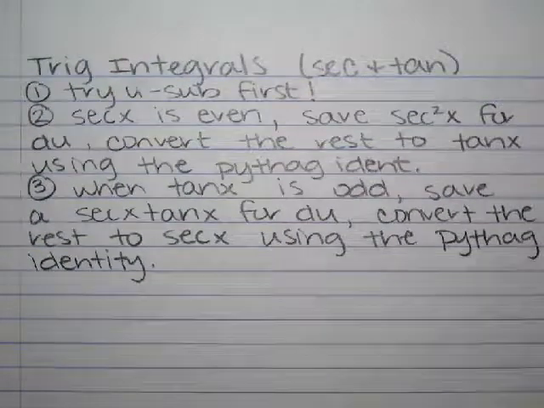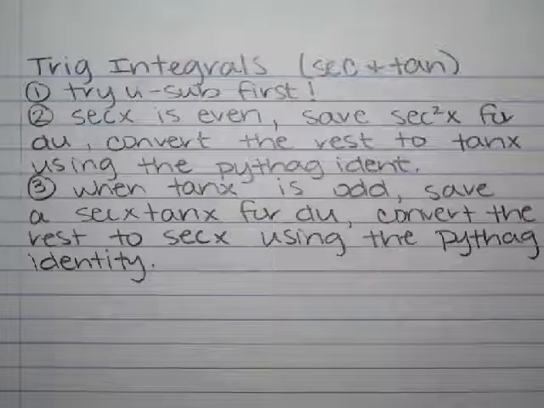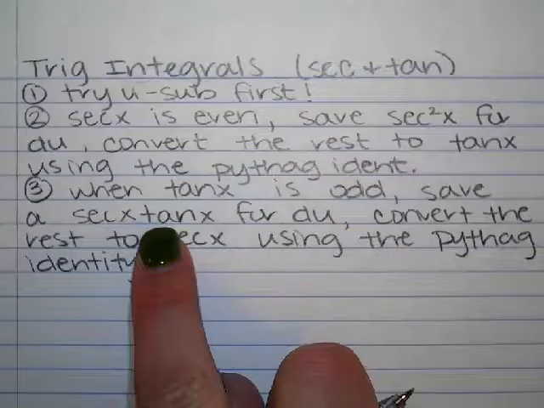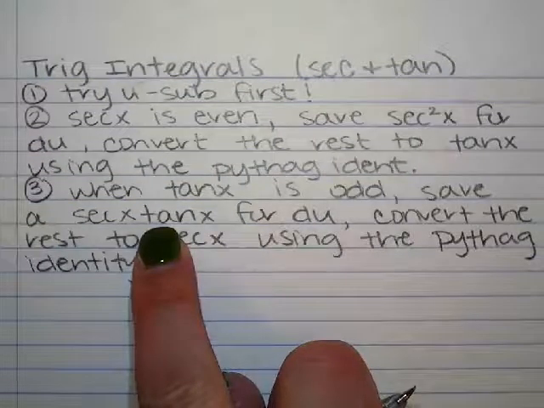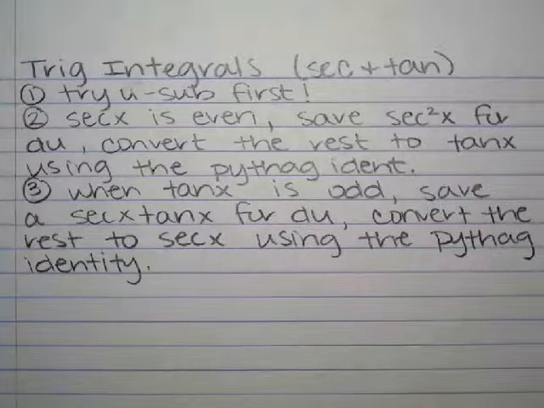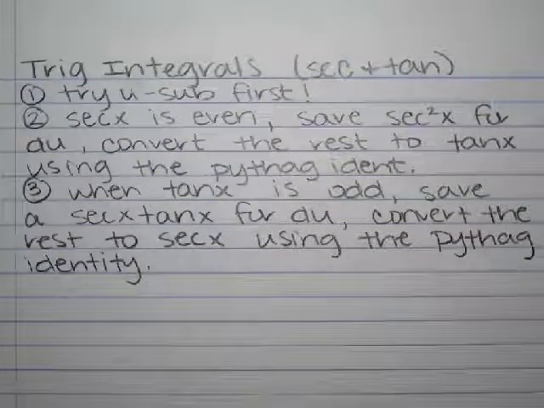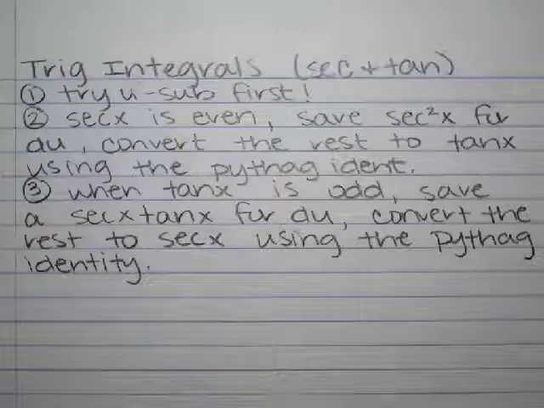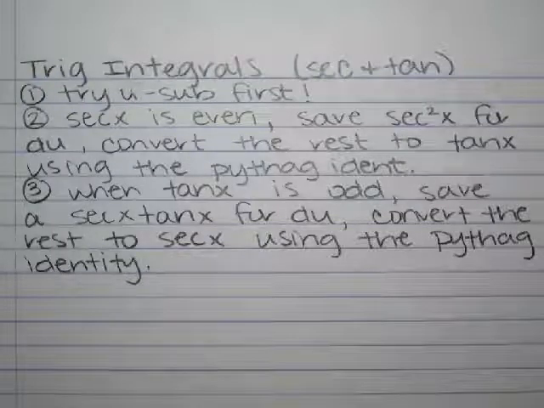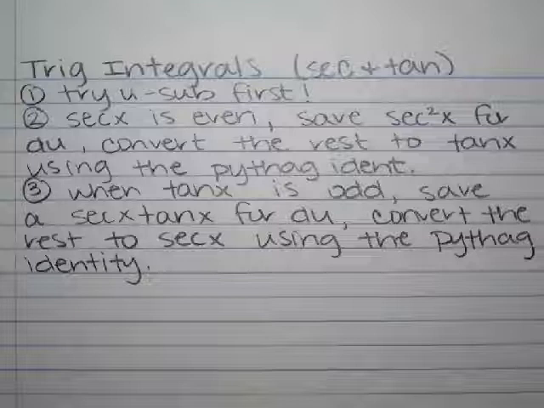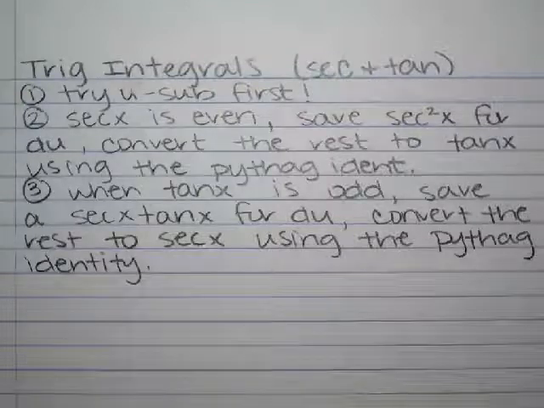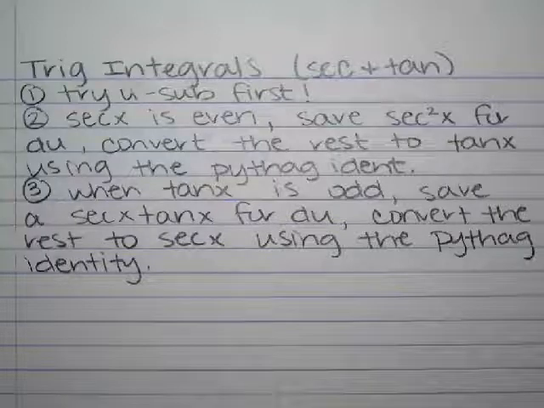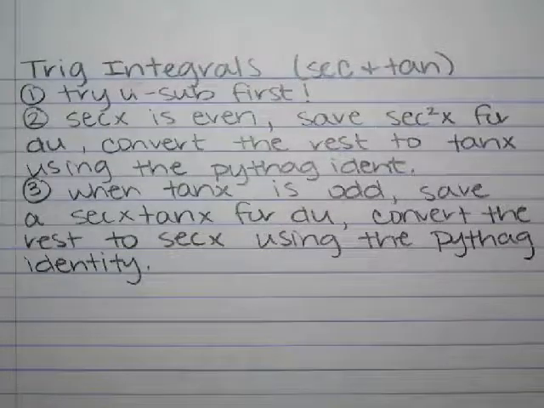When tan x is odd, save a secant x tan x for the derivative and convert everything else in terms of secant. So the trick to remember is that the derivative of secant is secant tan, the derivative of tan is secant squared. And we don't have a power reducing formula for this one, so that's kind of the nice thing. There are pros and cons to each of these when you're doing them.